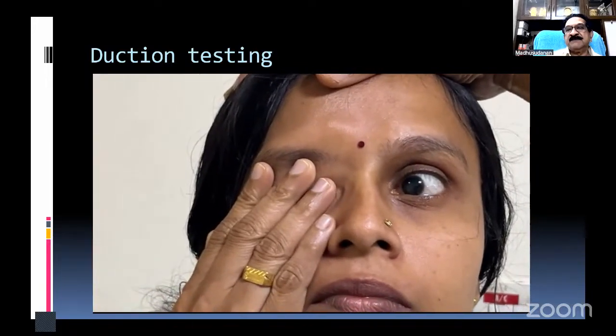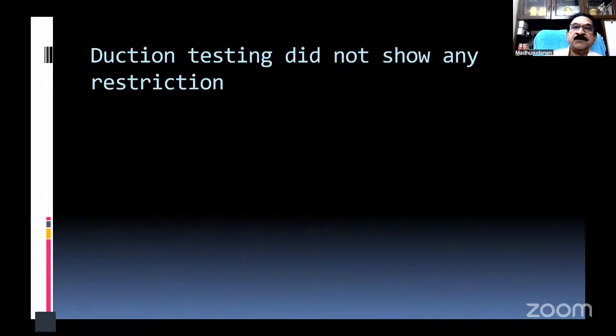But the range is normal, full adduction. So adduction testing did not show any restriction of ocular muscles. That means it is either a latent squint which became manifest, or a concomitant squint, or it may be mild paralysis of the medial rectus. There are two possibilities.